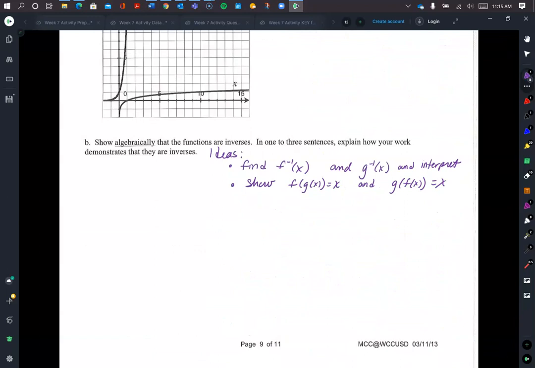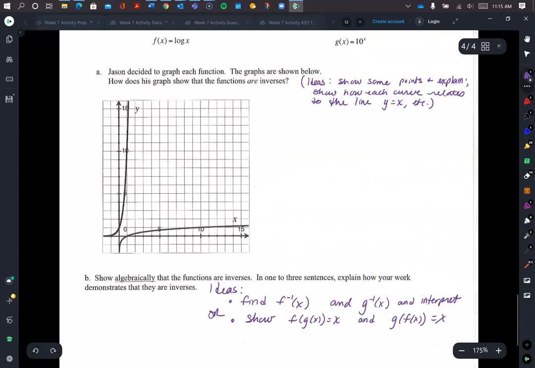And then also down here for algebraically, you could find each inverse and show how they relate to one another. And then another method, you don't have to do both of these, but you could do either or. Find f of g of x and you should get x, and likewise g of f of x, you should get x.